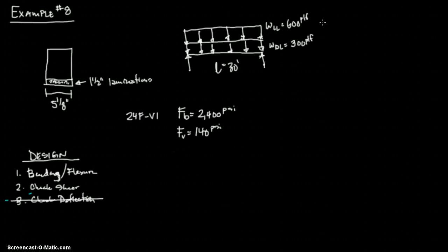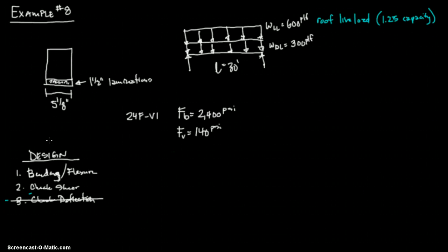You have a 600 PLF roof live load, and that's important, because wood members that support roof are given a 1.25 increase in capacity. Then 300 PLF for dead load. It also says to use 24F V1, which gives us the allowable bending stress and the allowable shear stress. It also says do not check deflection. Deflection is not an issue.